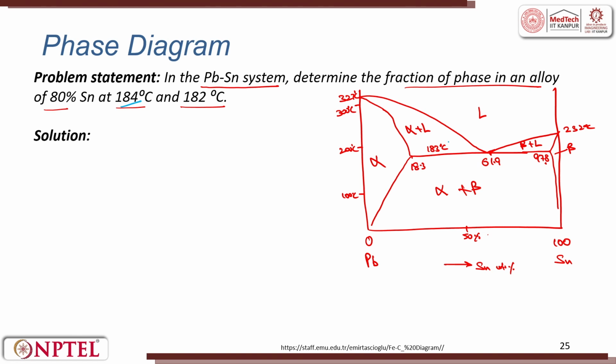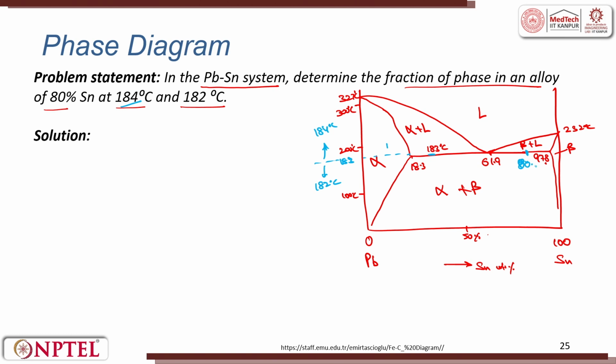That means 184 is here, this is exactly 183, above this is 184 degrees centigrade, and below this is 182 degrees centigrade. Predominantly they are asking what is above and below this eutectic reaction line at 80% tin.